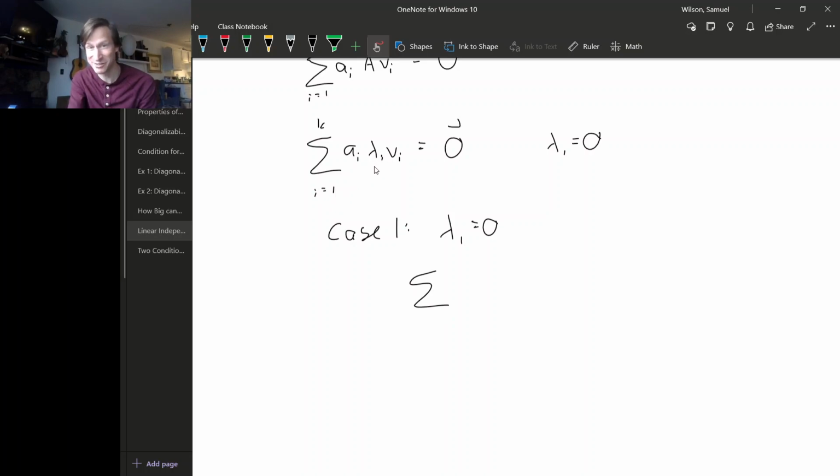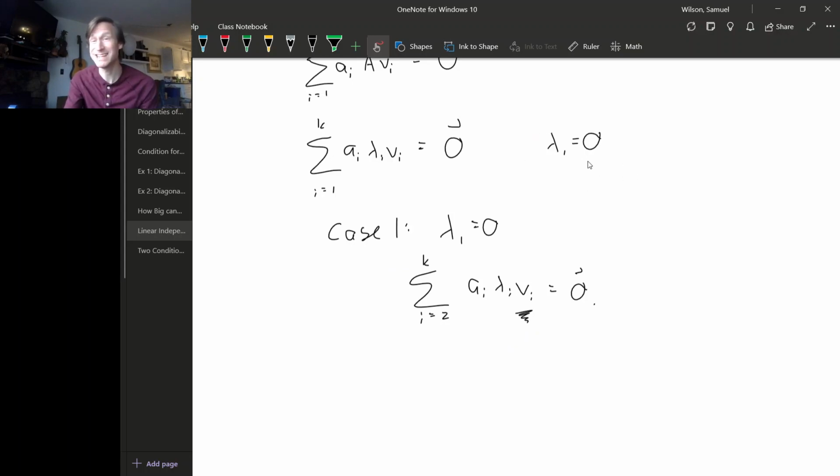Because there's a scalar 0 right here. So this is actually the sum from i equals 2 to k of ai lambda i vi equals 0. Okay, so we were able to come up with a linear dependence relation with one fewer vectors, right?